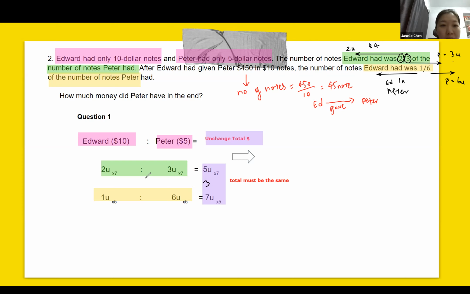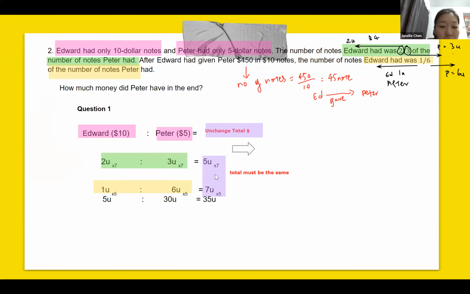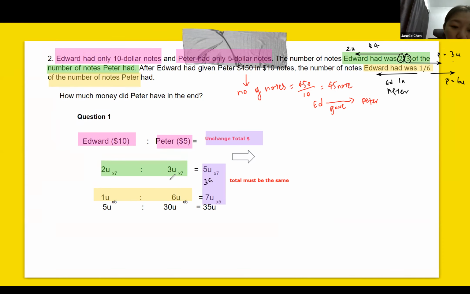So the next step is multiplying both of them in order to get a common multiple. So 7 times 5 gives me 35, and the top one, 5 times 7 gives me 35. Okay, so here is 35, here is equal to 21, here is equal to 14 units. So you can see that this is my at first, this is the after.